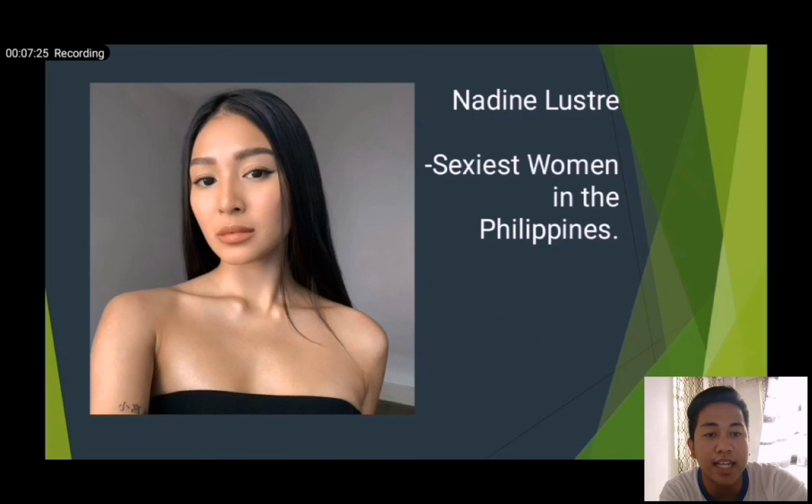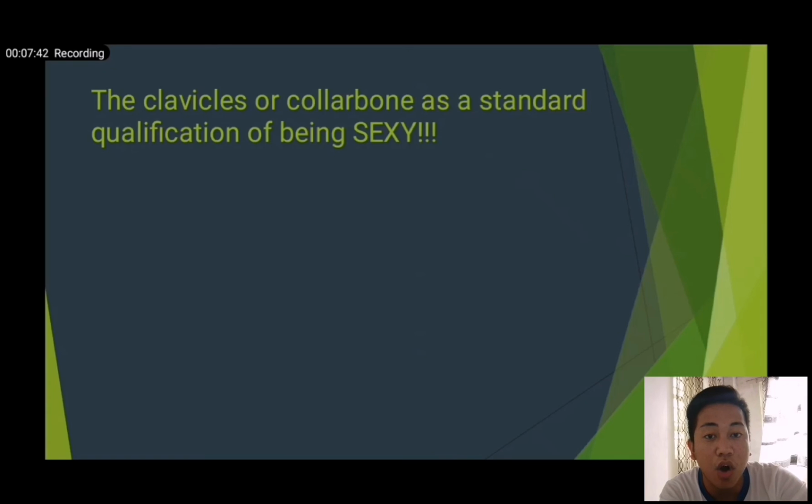Miss Nadine Lustre is the sexiest woman in the Philippines year 2017 and year 2020. So nakikita naman po natin yung bony projection sa baba ng kanyang leeg. Ayan, so nakikita po natin yung clavicles niya. So the clavicles or collarbone as a standard qualification of being sexy. So yung collarbone po daw is nagiging standard qualification na siya ng pagiging sexy.